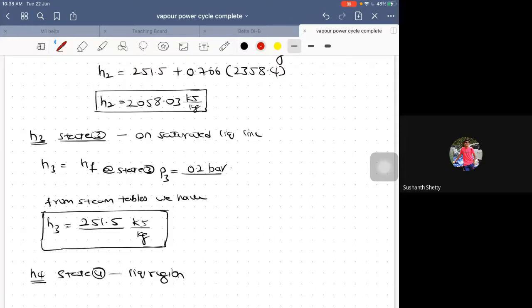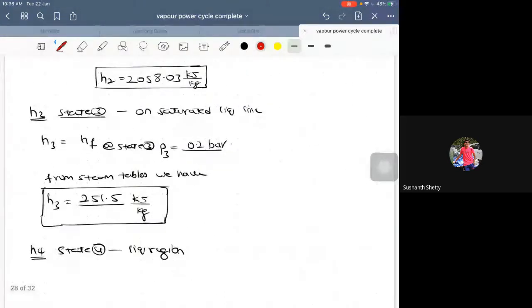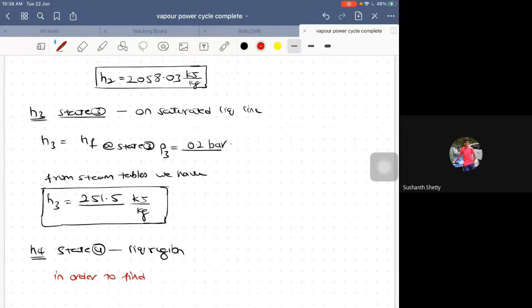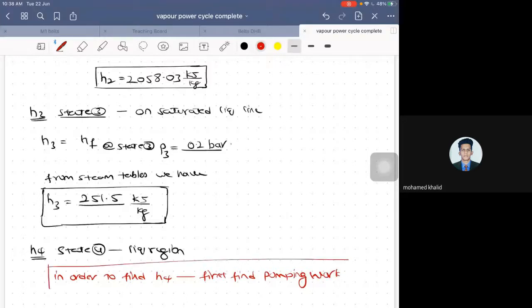In order to find H4, what is the golden rule? Find the pumping work. So first find the pumping work. Okay, so put it in a box.